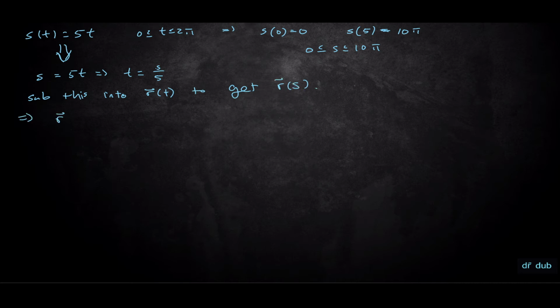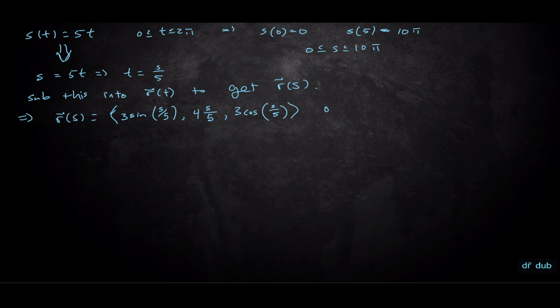So that would be r of s equals, we had 3 cosine of t, sorry, we had 3 sine of t, but now t is s over 5, comma, 4t, well that's 4 times s over 5, comma, and then 3 cosine of s over 5.